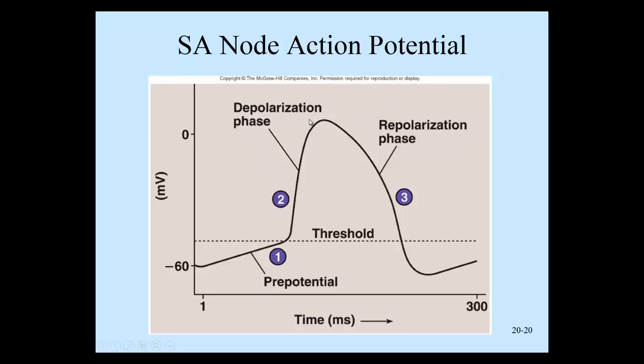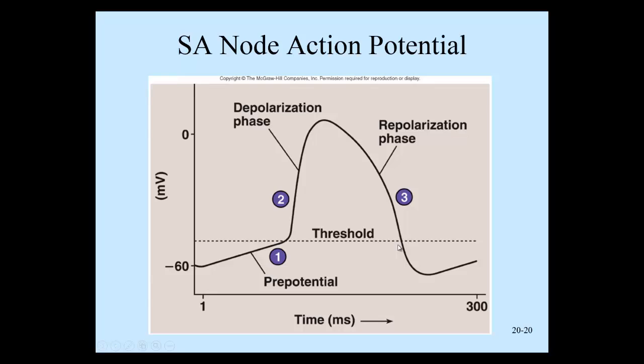And again, we don't get to this threshold unless we have these drifting, slowly opening sodium slow gated voltage channels. So we see this slight drift towards threshold as a result of those channels opening. Again, all 3 action potentials we've studied now all have repolarization due to potassium. So that doesn't change.